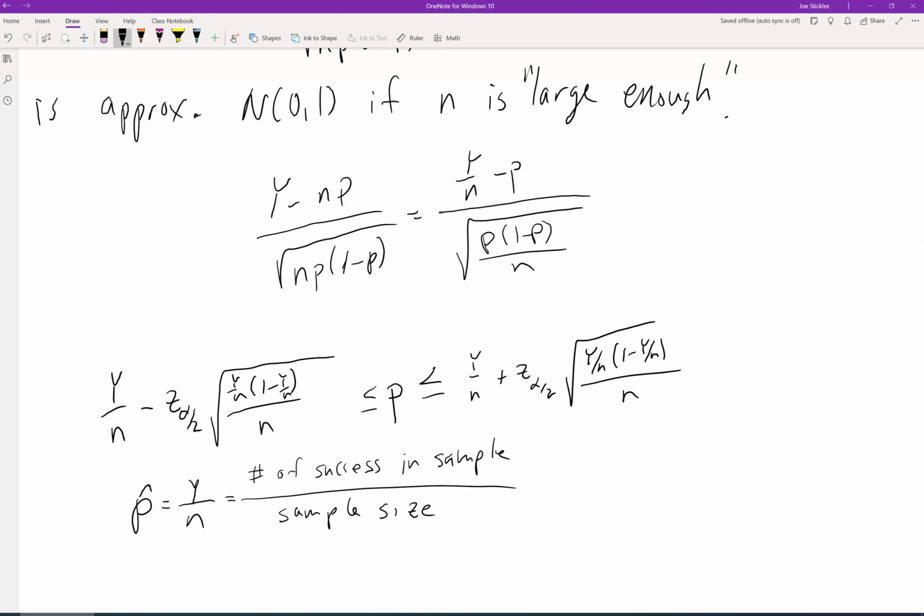It's your point estimator that you would use. So notice that you have to use the point estimator for your Y over n that's out in front here and your Y over n that's under the radical, and use it both places. But again, the idea of this is to use your sample statistic to make some inference about the population in general. In particular, make some inference about what the p has to be, the probability of success.